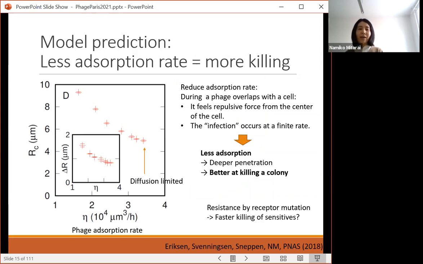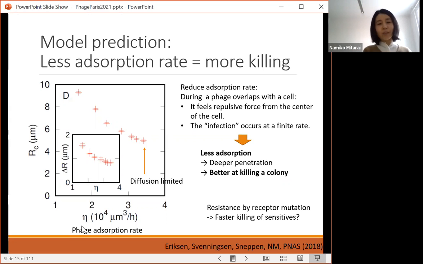And this also has a funny prediction: if you have a higher absorption rate, that will protect the colony better, because it's hard for the phages to infect the core of the colony.